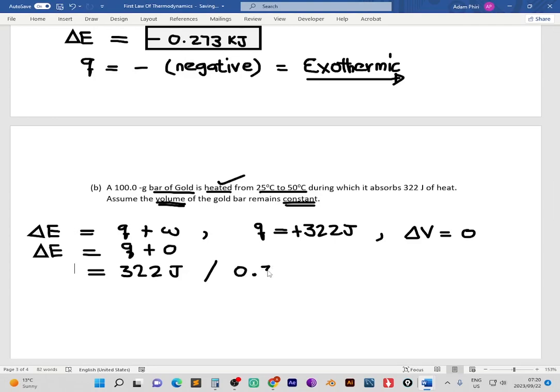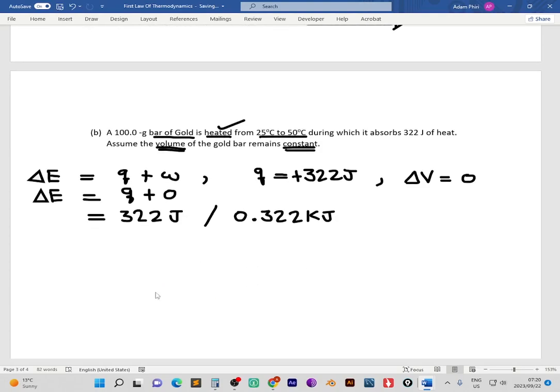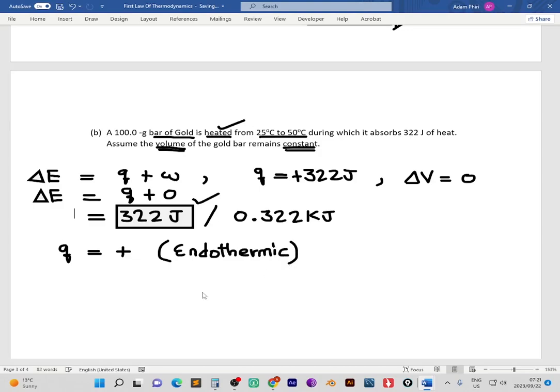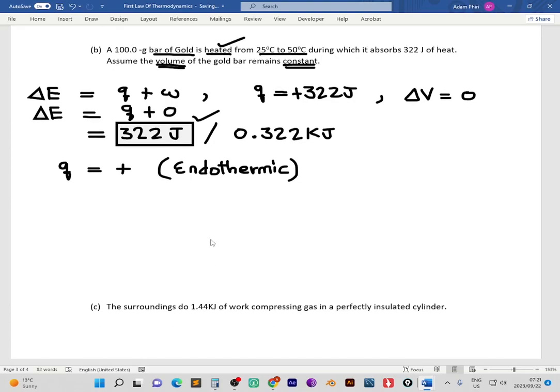Or else you can divide that by 1000 to give you 0.322 kilojoules. Either way is fine, because we never had complications of different units. We still need to find out whether it's endothermic or exothermic, and you can tell by the sign of the Q given. Because it is positive, it gained, so gaining relates to a positive sign. So it gained heat from the surroundings, then that's endothermic.